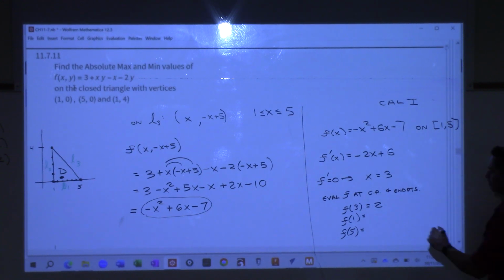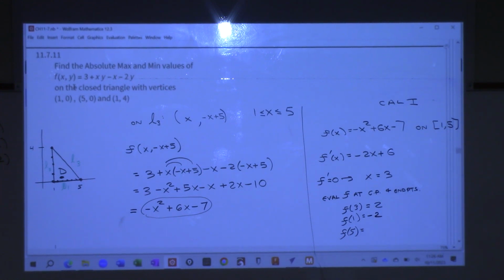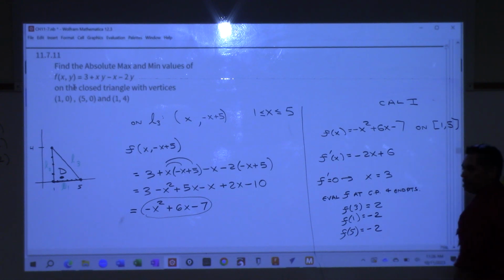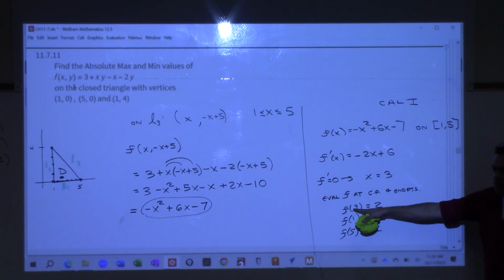Negative 2. And what happens when you plug 5 in there? Negative 2, okay. So where do we have a max? 2, right? When x is 3.